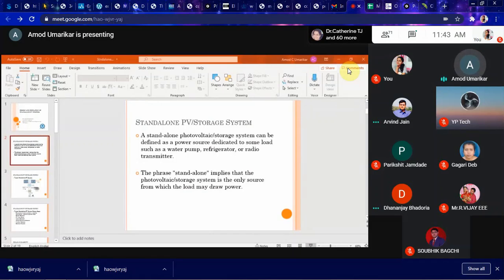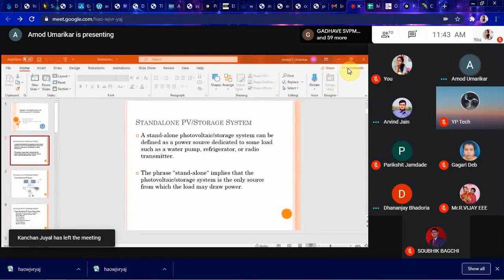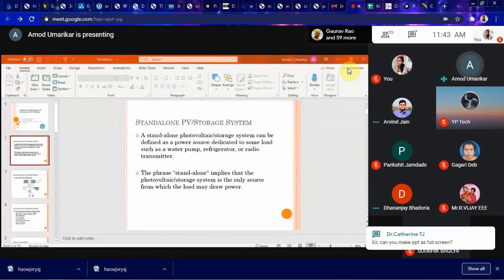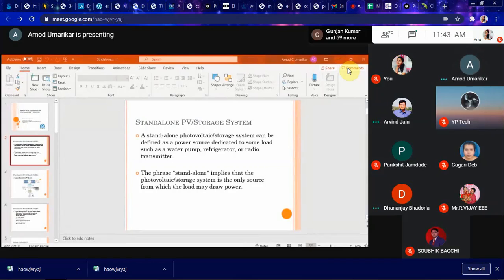But there of course we need to have storage, because most renewable energy sources are intermittent sources. They are available sometimes, and not available sometimes. Hence, we have to take storage elements to support the load whenever the source is not there. So we have a lot of design issues in this. We have to study when we combine photovoltaic and storage, and that is called standalone.